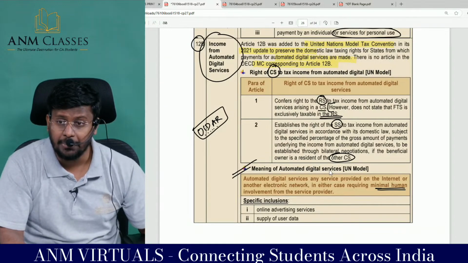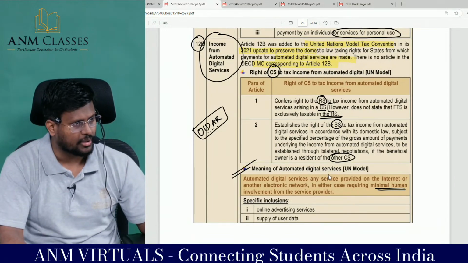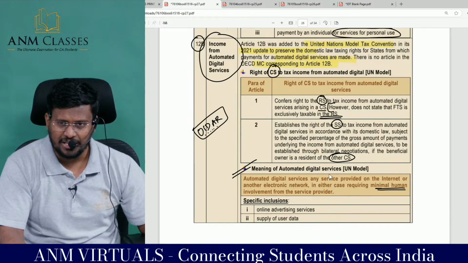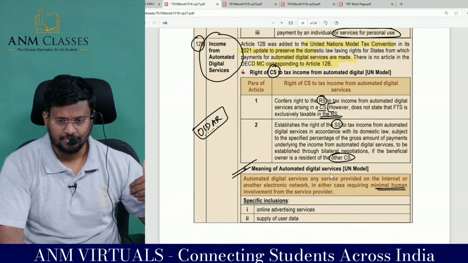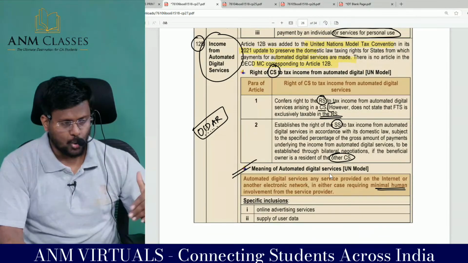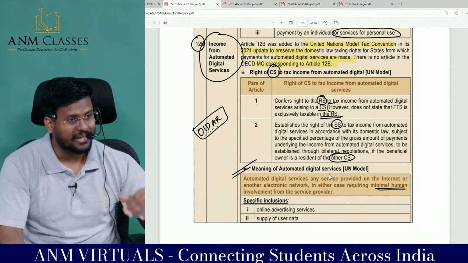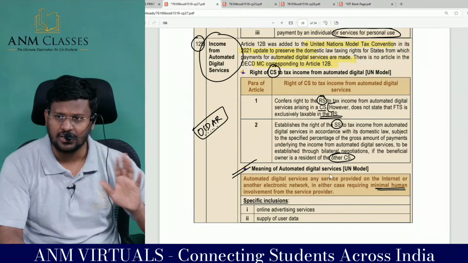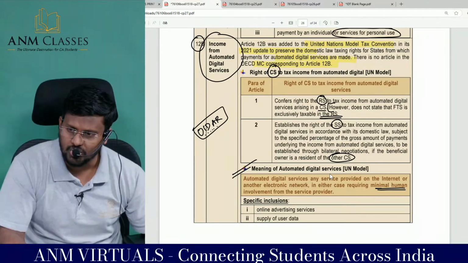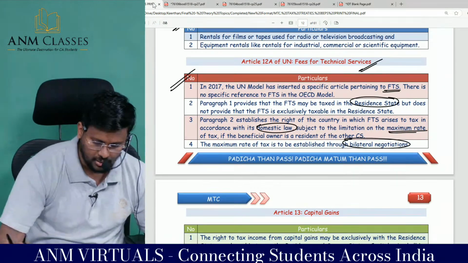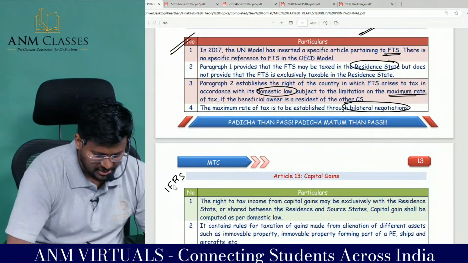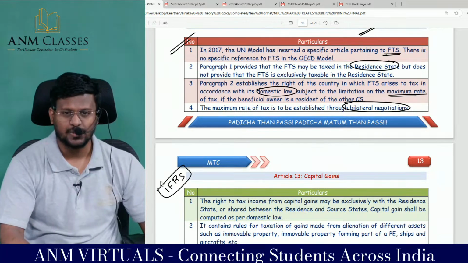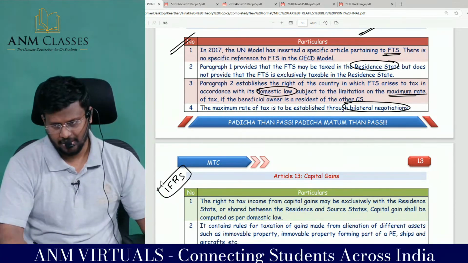As per Article 12B in the UN model, it is saying that, sir, generally the resident state is having the right, whereas, however, the source state can tax it by sitting and they will derive a certain percentage after the negotiation. This is what with regard to IFRS. I stands for interest as per Article 11.